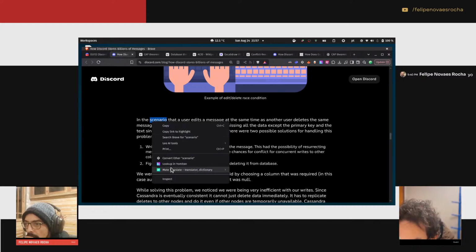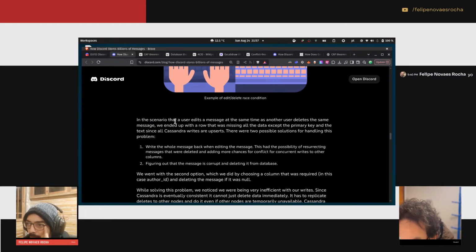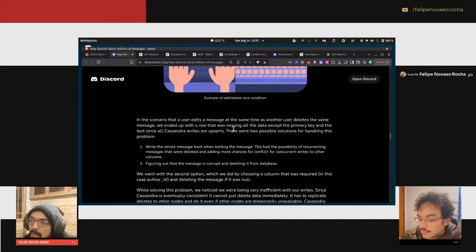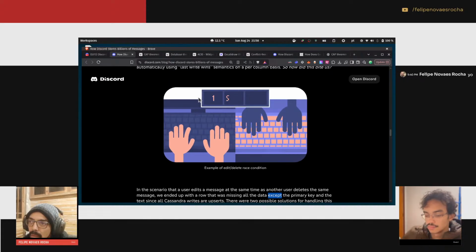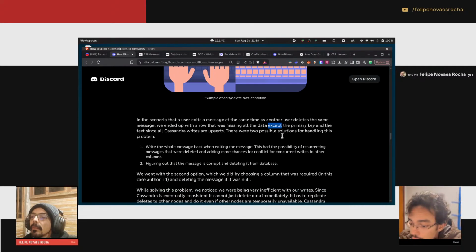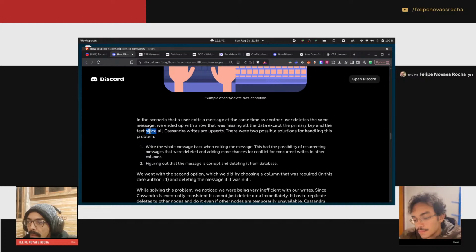In this scenario, a user edits a message at the same time another user deletes the message, and we end up with a row that was missing all the data except the primary key and the text, since all Cassandra writes are upserts.